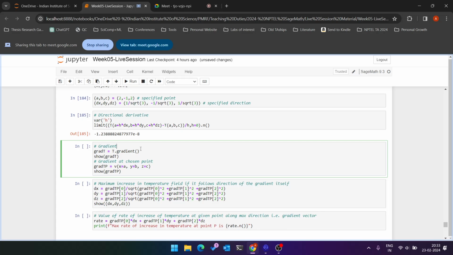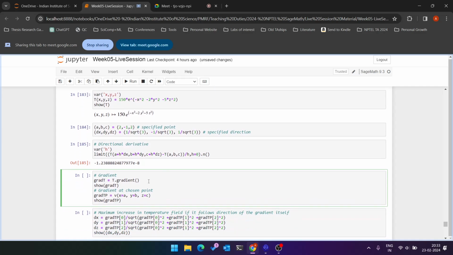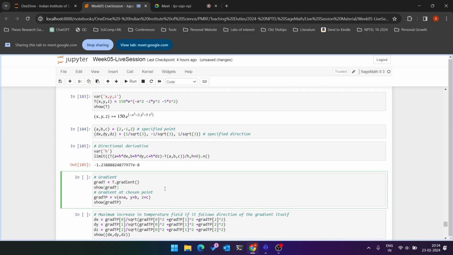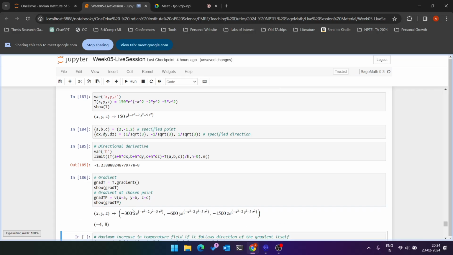Now I want to see in which direction the temperature increase is maximum. We know that another way to calculate the directional derivative is to calculate the gradient at the given point and take its dot product with the unit vector in the specified direction. In our case, we first calculate the gradient of T as an expression, and then we calculate the gradient of T at our given point a, b, c.